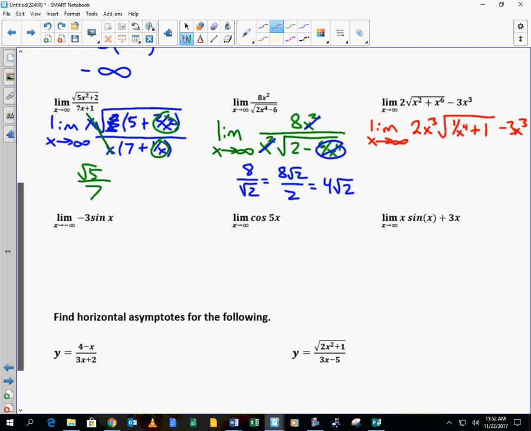So I took an x to the 6th out of these two. When I take an x to the 6th out of x to the 6th, I get 1. When I take an x to the 6th out of x squared, I'm left with x to the negative 4th. And this is the x to the 6th, because I got to take the square root of it. Now, I'm going to do a second factoring and take out x cubed. I'm left with 2 roots of 1 over x to the 4th plus 1 minus 3.